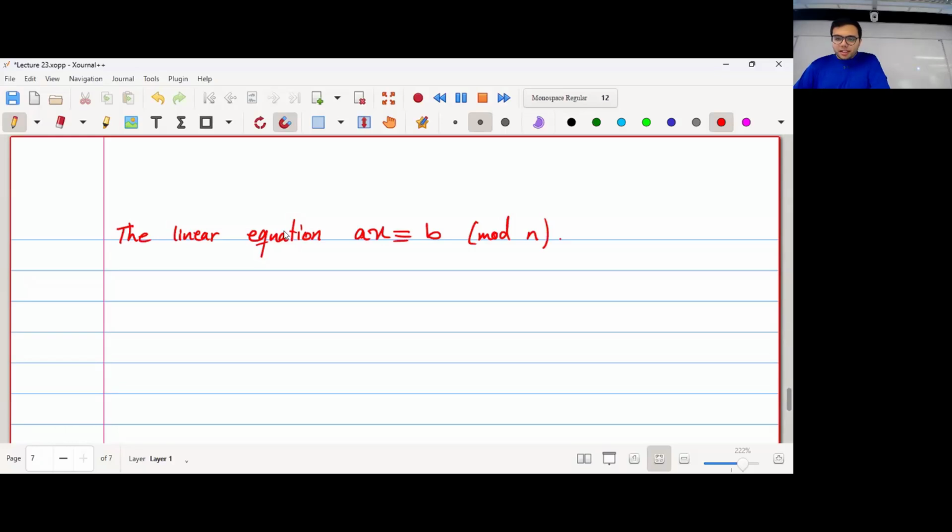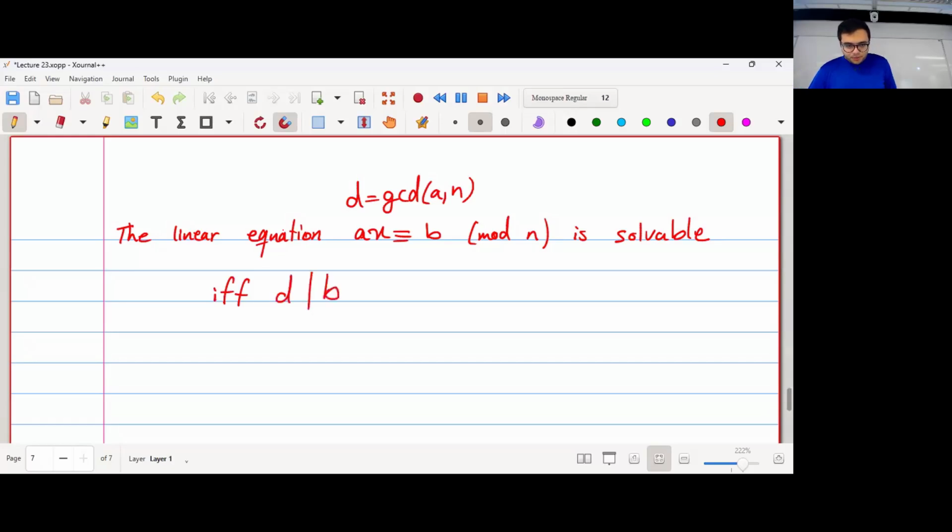Okay. So I claim that this linear equation is solvable, and let me give a name to the GCD of a and n. Let's call it d. This equation is solvable if and only if d is a divisor of b.